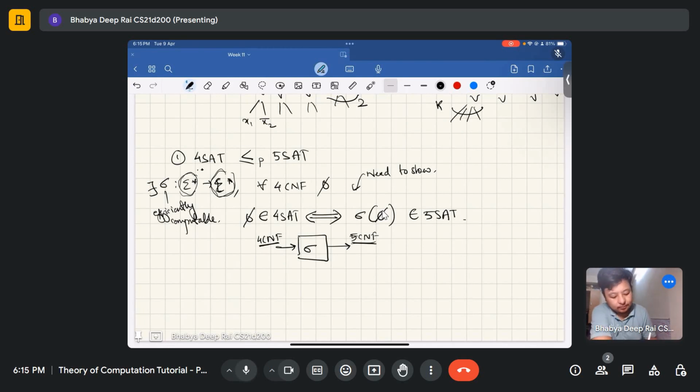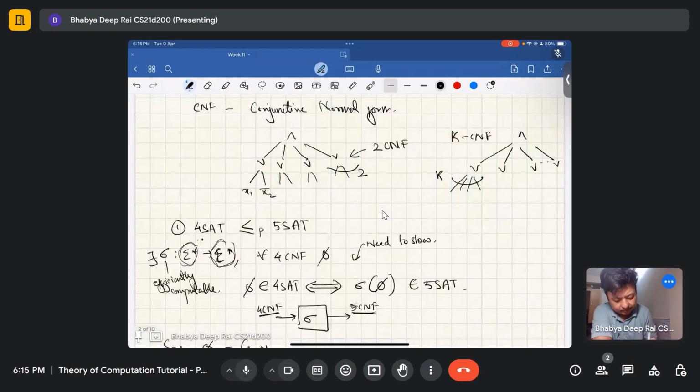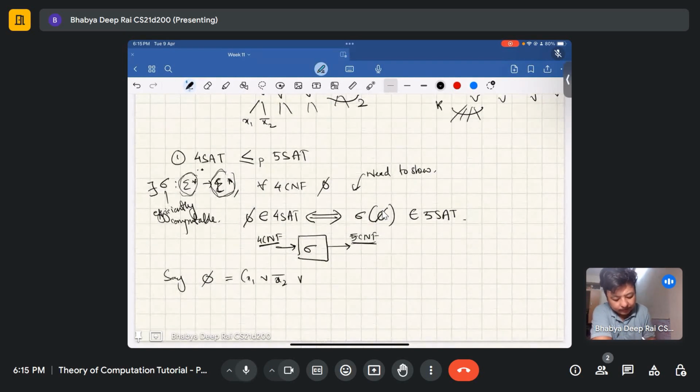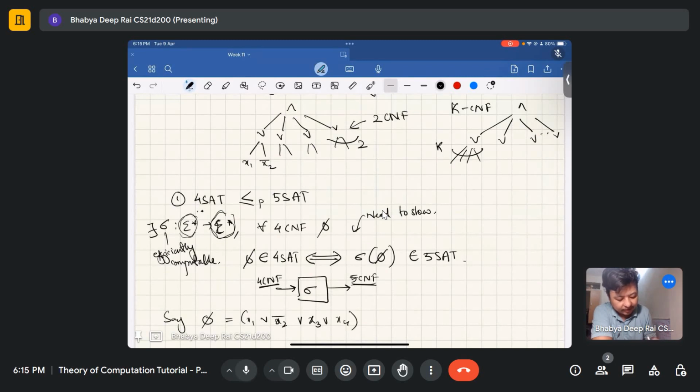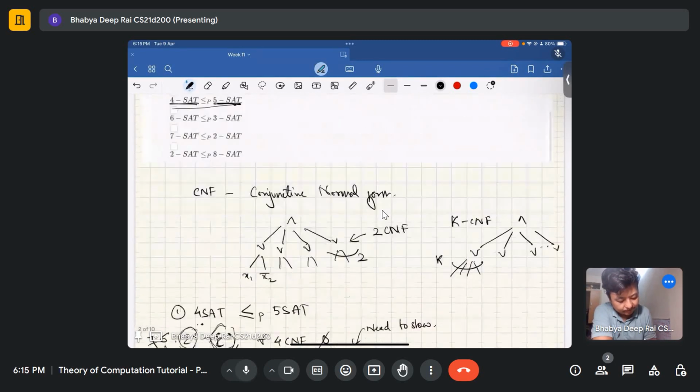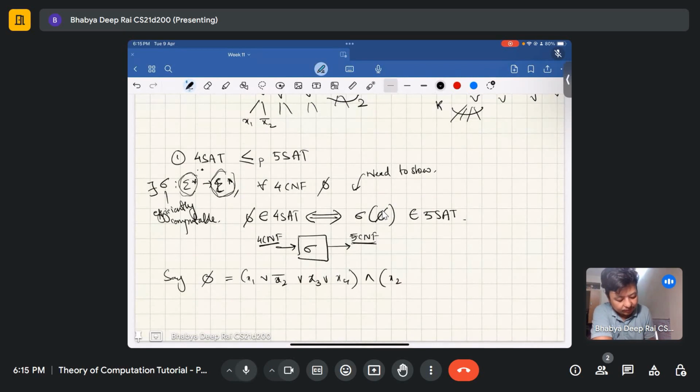Now, say phi is equal to, let's take the same, whatever they take, x1 or x2 bar or x3 or x4, and then x2 or x3 or x4 or x5.